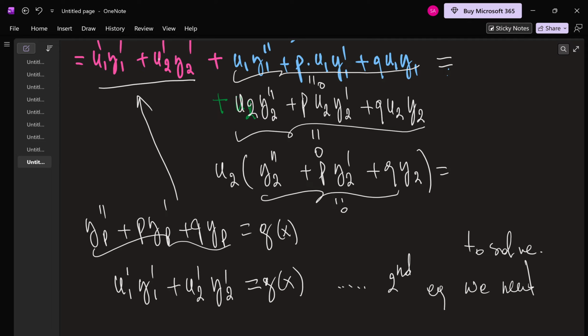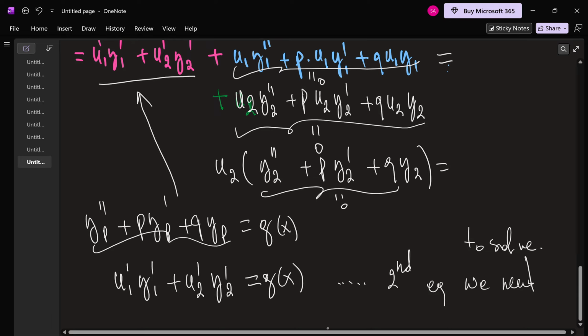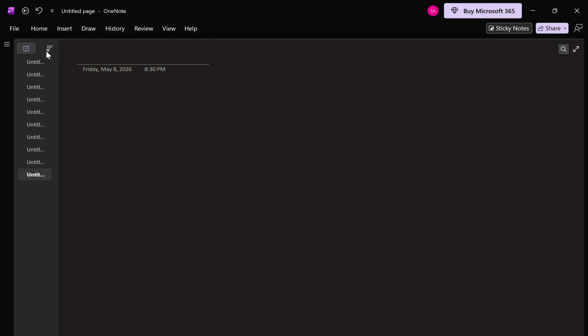Okay, now let's summarize everything together. Let's set up the system of equations to be solved. Let's move to a new page. So we have the system of two equations.